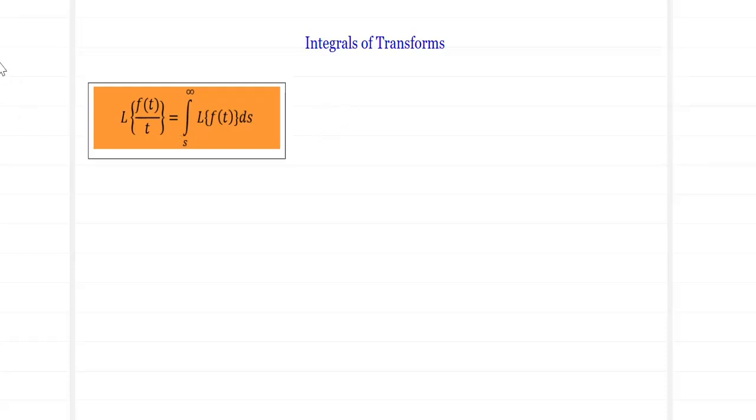Okay, let us find the Laplace transform of sin t divided by t. By the property, what is my f of t? My f of t is sin t. So whenever there is a division by t, I'll have to replace this division by integration from s to infinity.